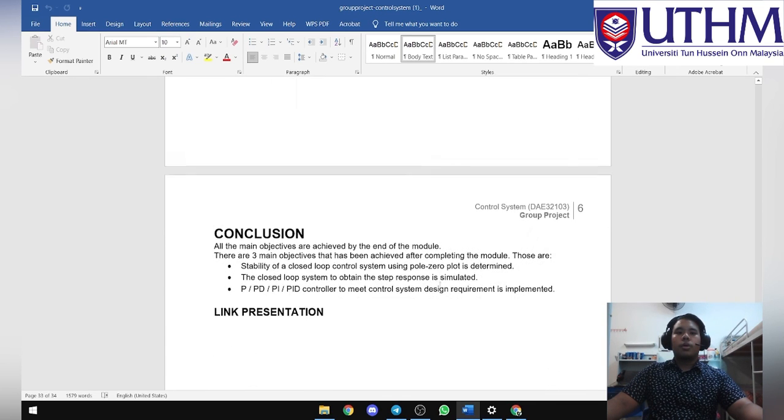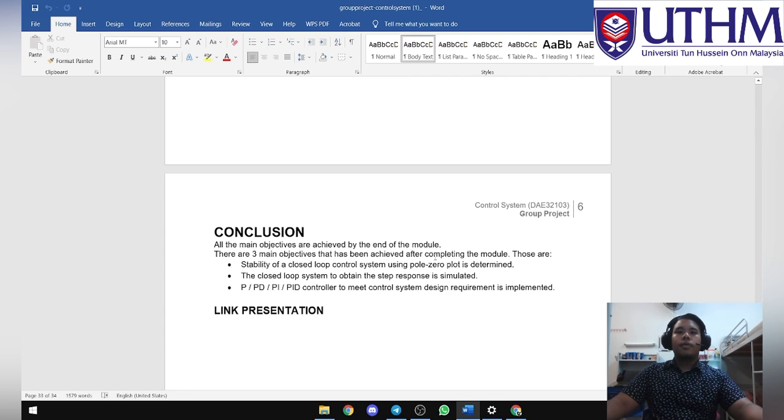So the conclusion from the project is that all the main objectives were achieved by the end of the module. There are 3 main objectives that have been achieved after completing the module. First, the stability of a closed loop control system using pole zero plot is determined.